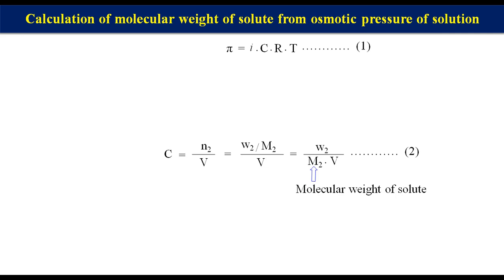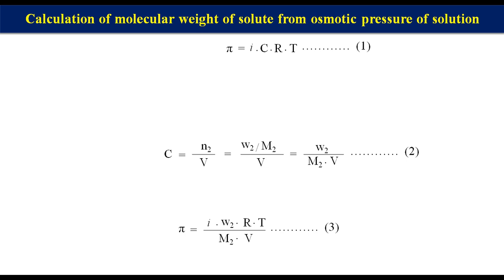From equations 1 and 2, we can write pi is equal to i into W2 into R into T upon M2 into V. Thus, using equation number 3, we can calculate molar mass of solute if we know the values of i, W2, T and V.